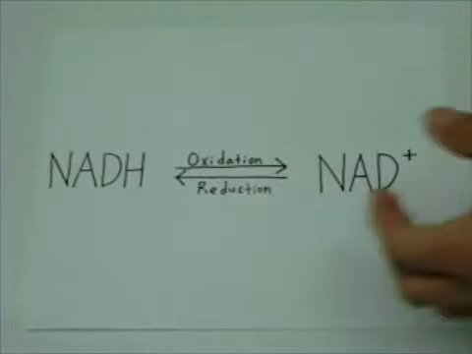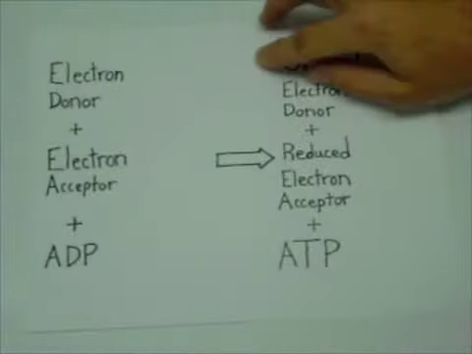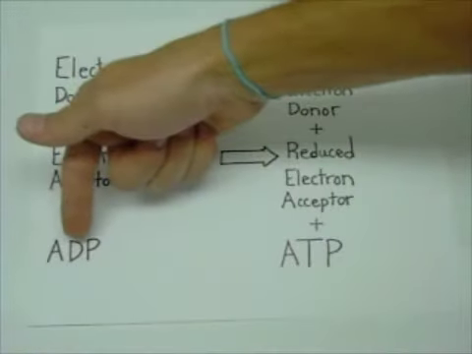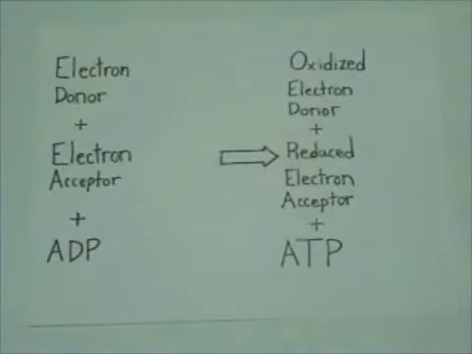The overall process of oxidative phosphorylation involves electron donors, electron acceptors, ADP and ATP. An electron donor starts the process. An electron acceptor is needed to finish the process. ADP must always be present.